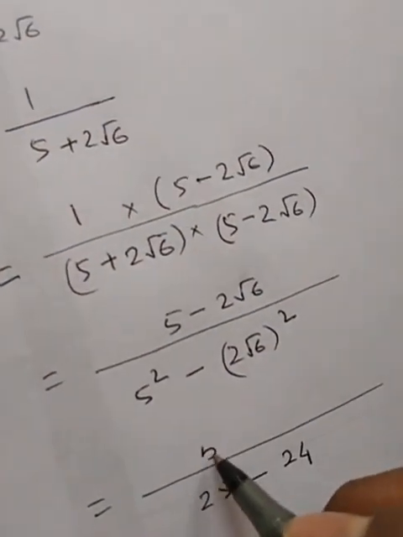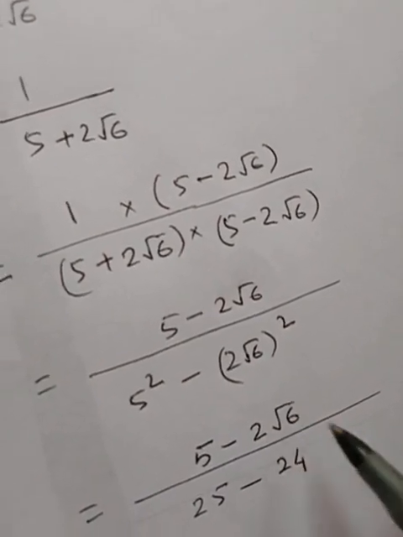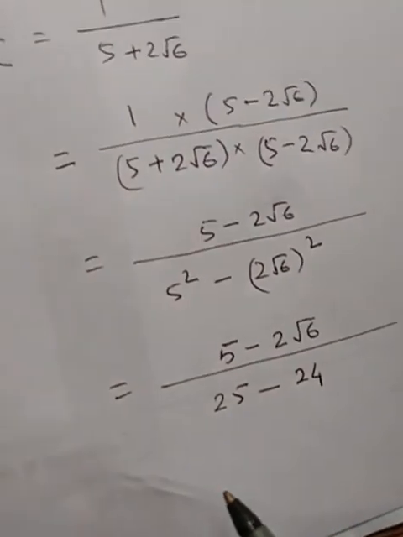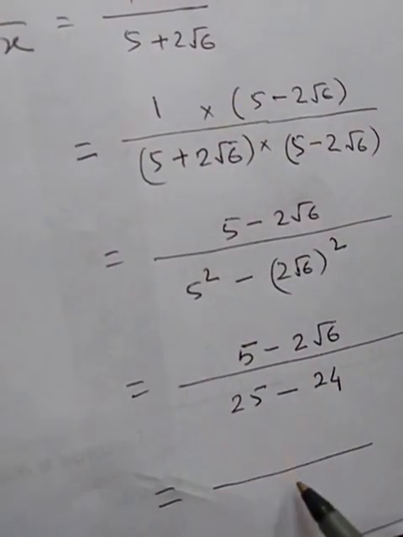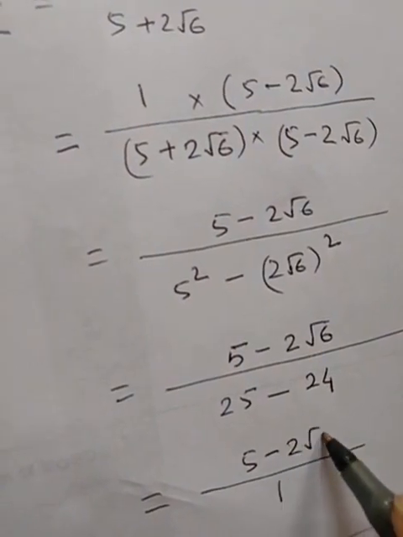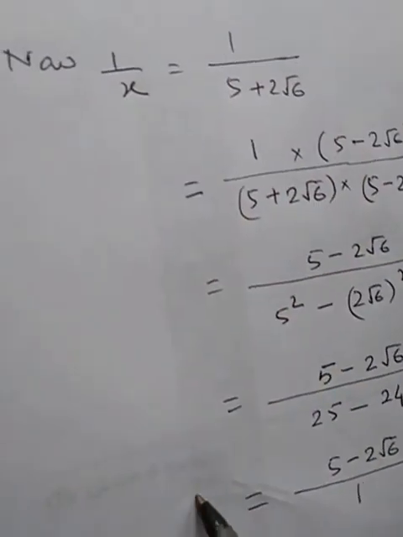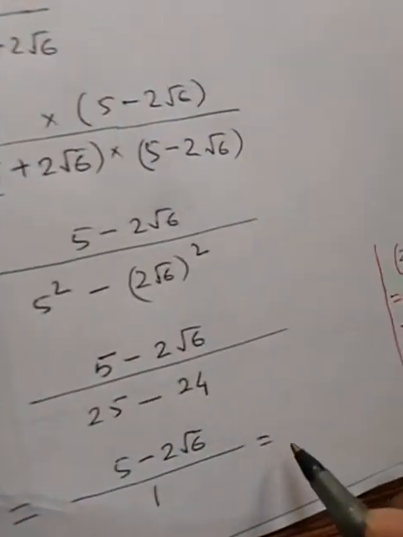So it is 24. So that I have written here. The numerator will be the same, 5 minus 2 root 6. So now we can get it as 25 minus 24 is 1, and 5 minus 2 root 6. Now the value of 1 by x we have got as 5 minus 2 root 6.